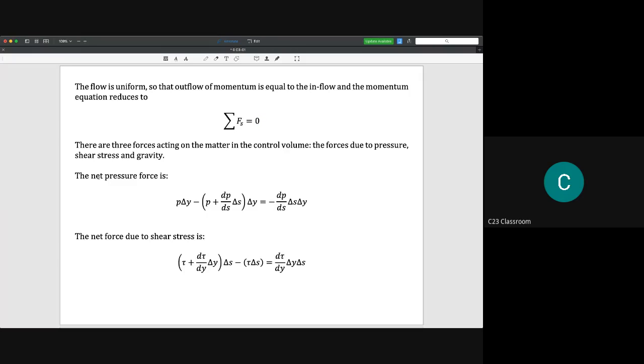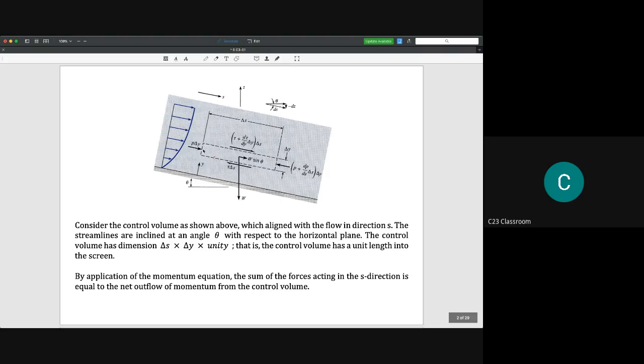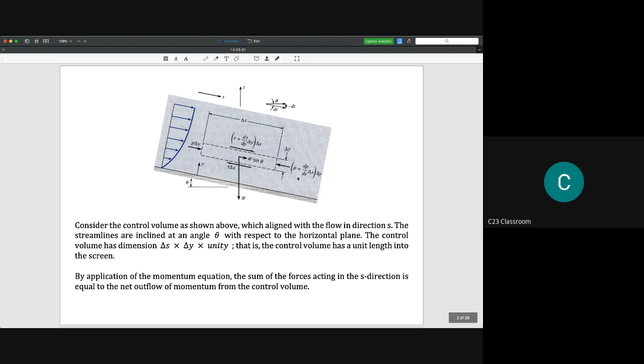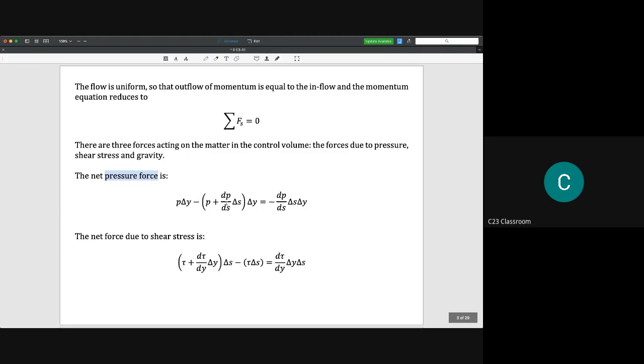The net pressure force is P times delta Y. As you can see here, the height is delta Y and the width is equal to 1, so we have only P times delta Y. Then we subtract P plus dP/ds times delta S, times delta Y. This is just the common idea, because the upper pressure here is larger compared to the lower pressure, because the flow is from the top to the bottom like this. So we do the calculation this way.